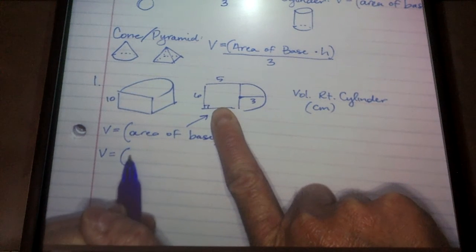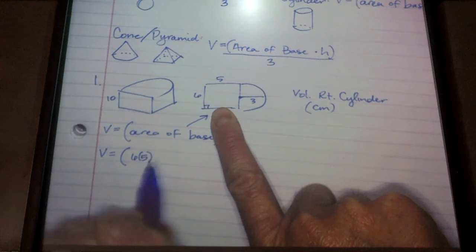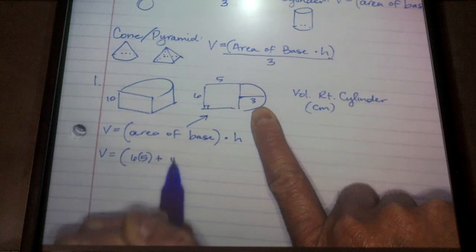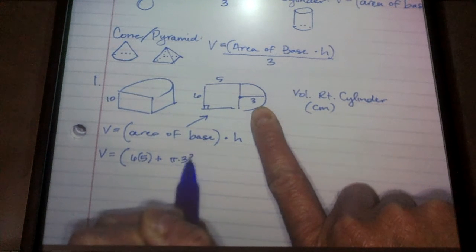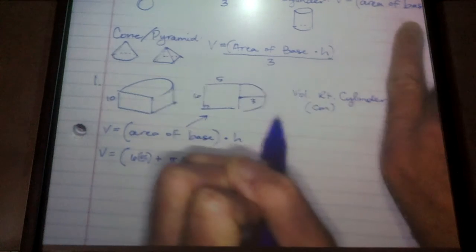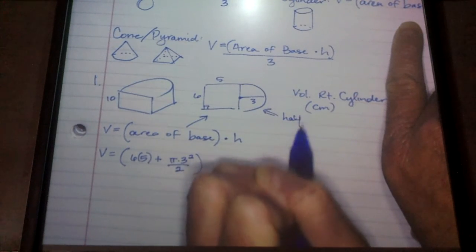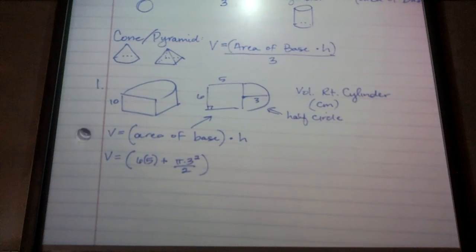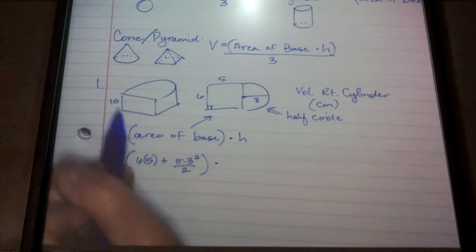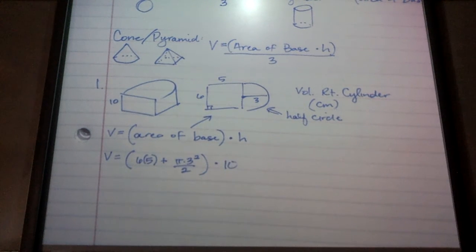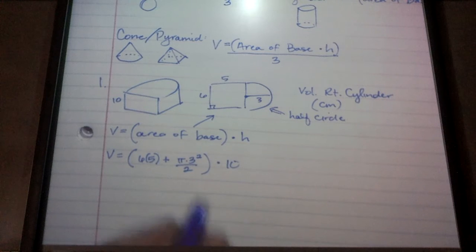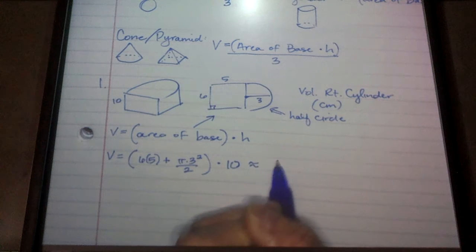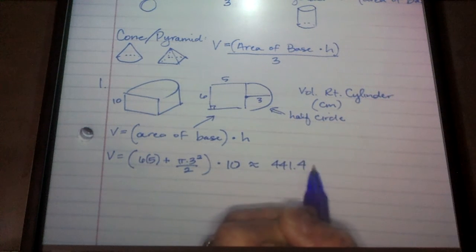So the area of my rectangle would be 6 times 5, plus I have a half circle. So I would do pi times 3 squared divided by 2, because that right there is a half circle. Times the height, which is 10. Then I would enter that in my calculator, and I got approximately 441.4 centimeters cubed.